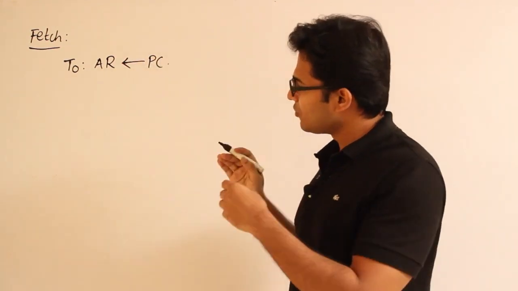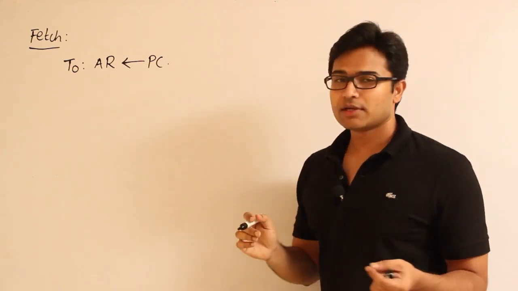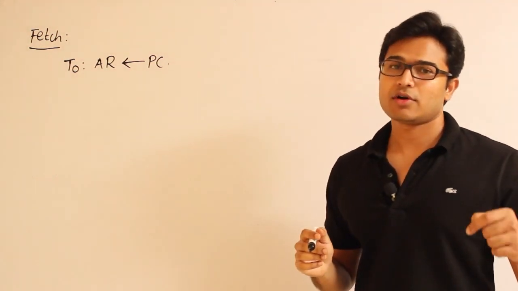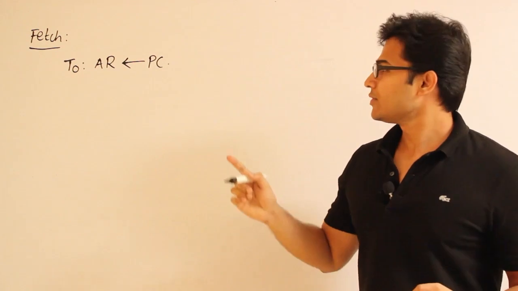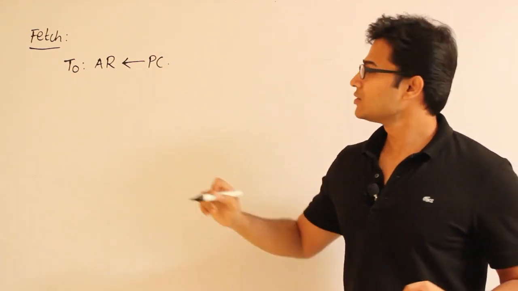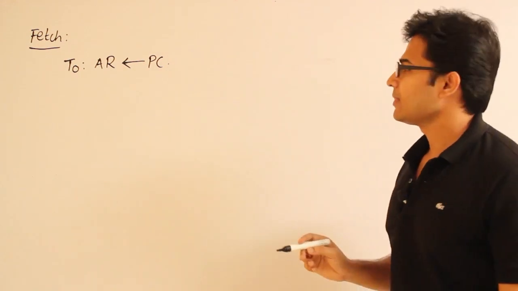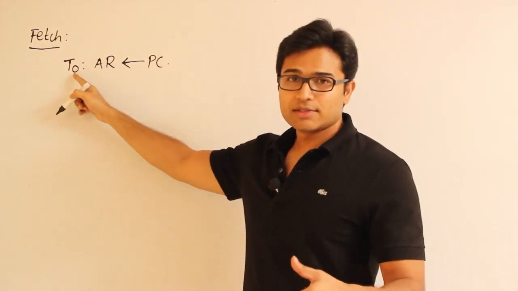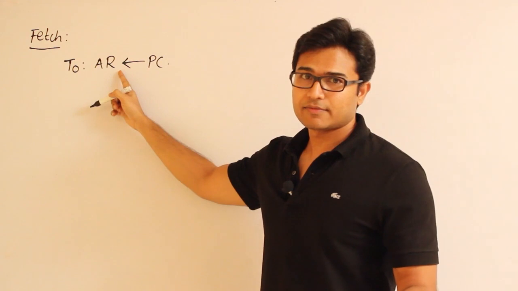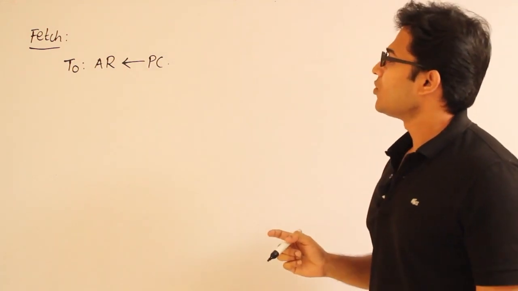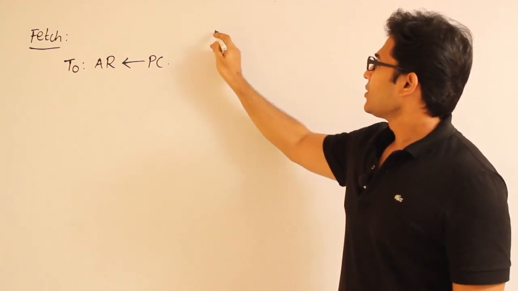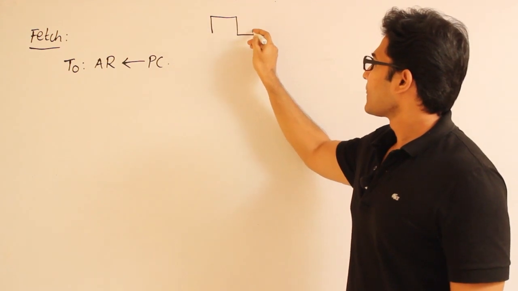Assume that before we start this, the program counter is already loaded with the starting address of the program, otherwise we cannot start the program. And also assume that now we are in T0. This happens in the first clock cycle. If you want to see what has happened here, clocks are given like this.